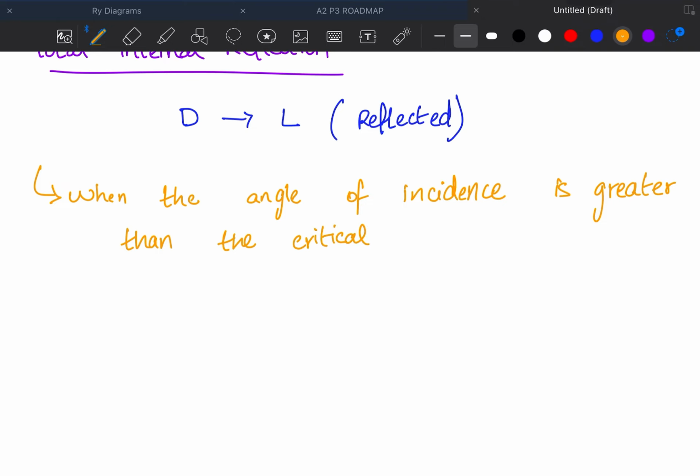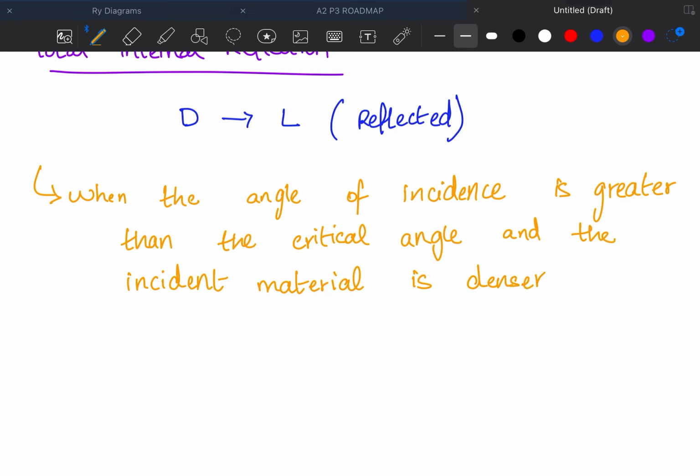We will study this in today's lecture. Along with it, total internal reflection occurs when the angle of incidence is greater than the critical angle and the incident material is denser than the second material.